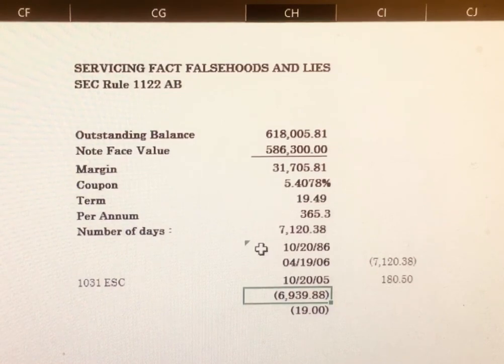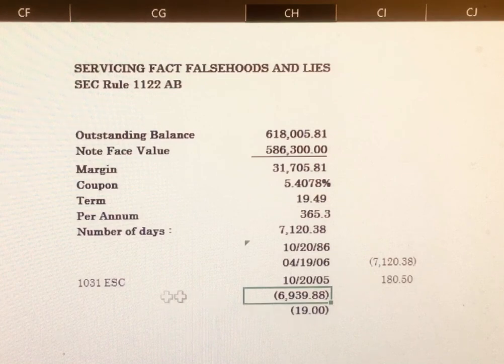From 10/20/86 to 10/20/05 is right around the time the borrower took the application, actually. Right at the time the borrower entered into this application and purchased. 10/20/05 would equal 19 years to the back date. So I'm going to stick with that for right now.